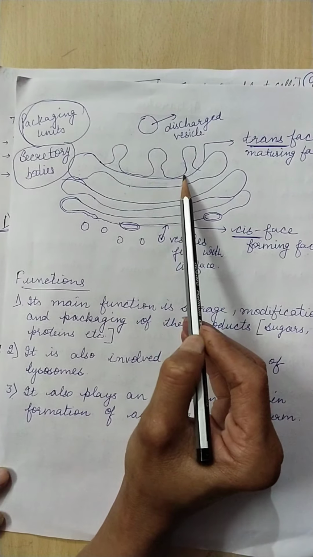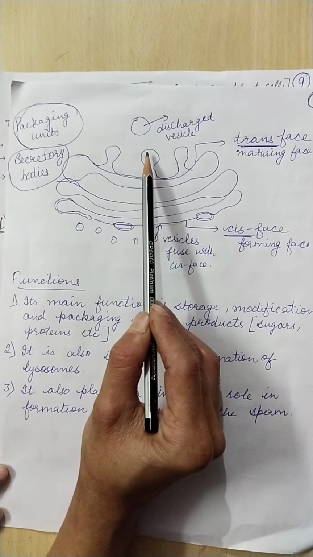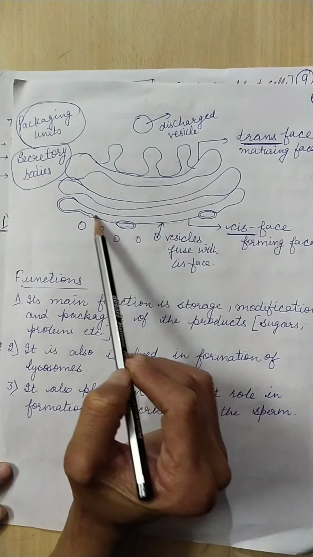Actually, beta, the substances which are synthesized near the endoplasmic reticulum, these may be sugars, these may be proteins, these substances are stored, packed and modified in the vesicles in the Golgi apparatus.